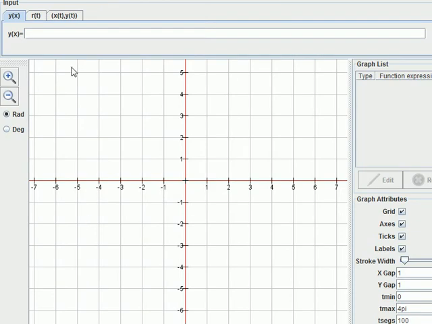Okay, let's actually graph this just to show you what it looks like. So it was, oh, it's the 2x, right? I forgot which one we're doing. So it's going to be 2x over x plus 3. Alright, and we come over here and we plot it, and it's a little bit blown up.